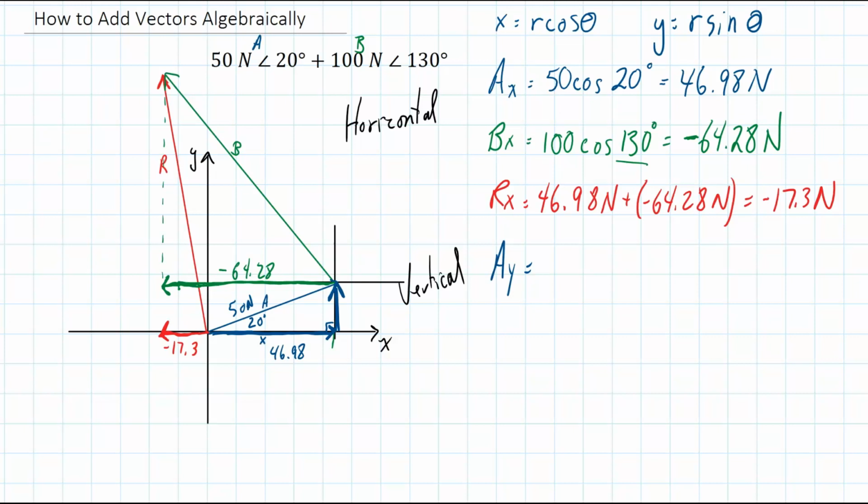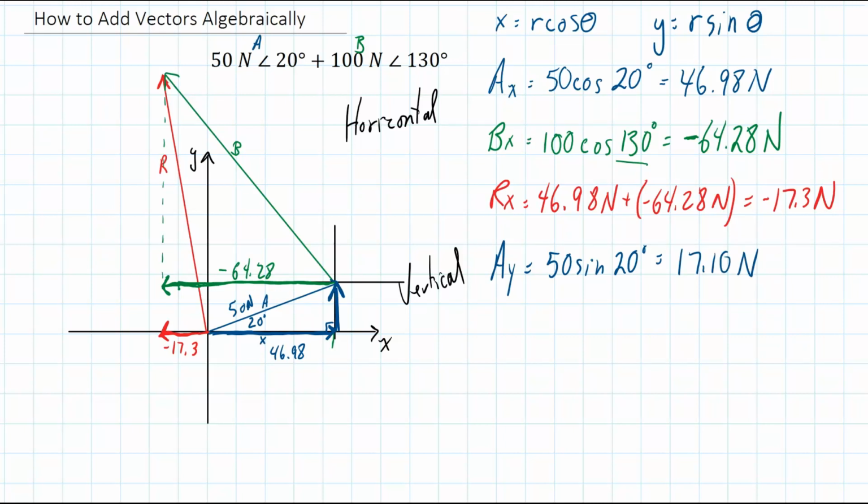So the y vector of A is, let's write in how we get to it, 50 sine 20, which is 17.10 newtons.